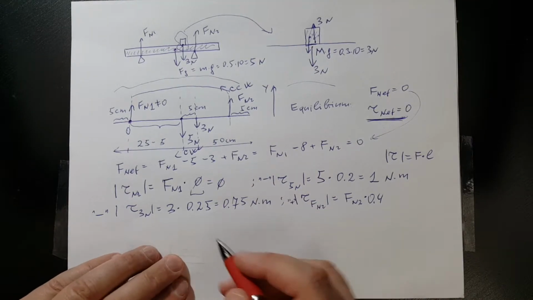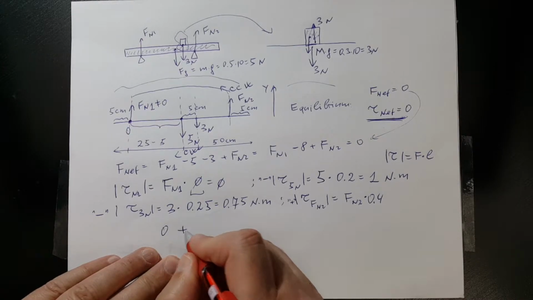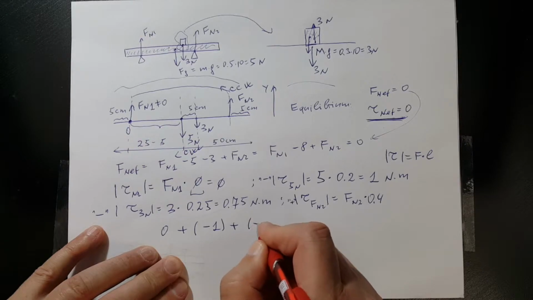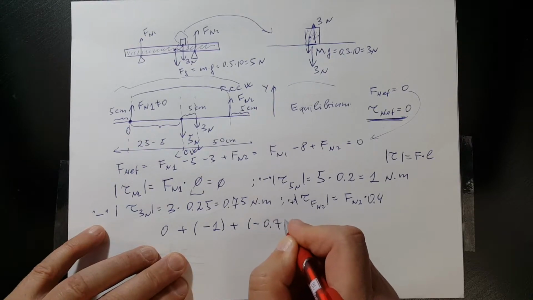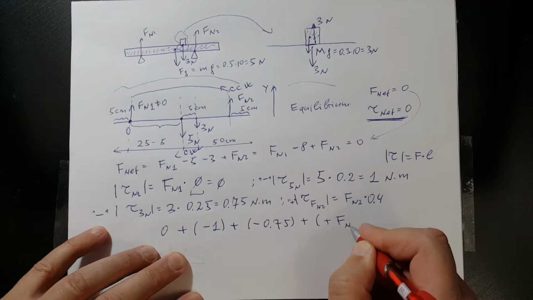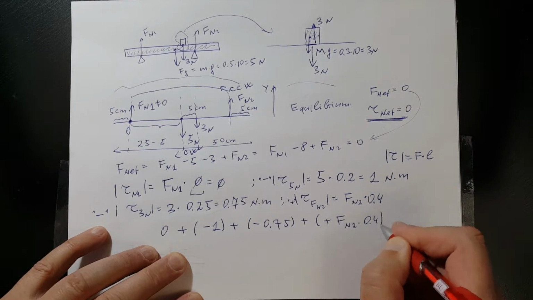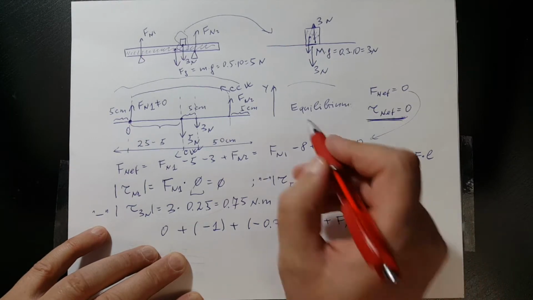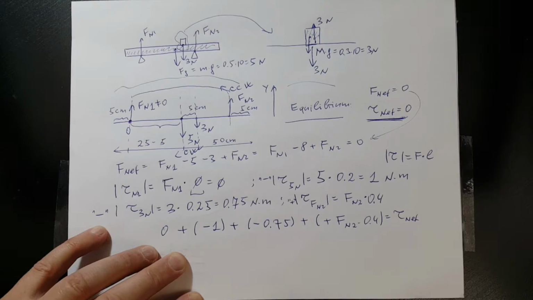If we add them all together, 0 plus -1 plus -0.75 plus this positive one, that should be equal to the net torque. And because the board is in equilibrium, that has to be equal to 0.